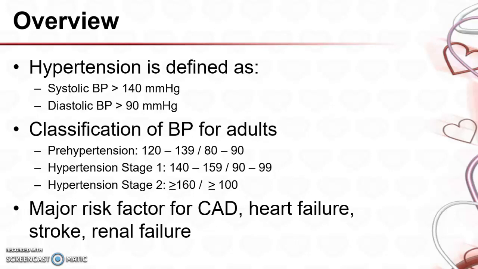So blood pressure can be classified as prehypertensive, and you can see the ranges of 120 to 139 systolically over 80 to 90 diastolically, stage 1 hypertension with their ranges, and stage 2 hypertension. Hypertension is a major risk factor for coronary artery disease, heart failure, stroke, and renal failure, all of which we will discuss throughout this lesson.